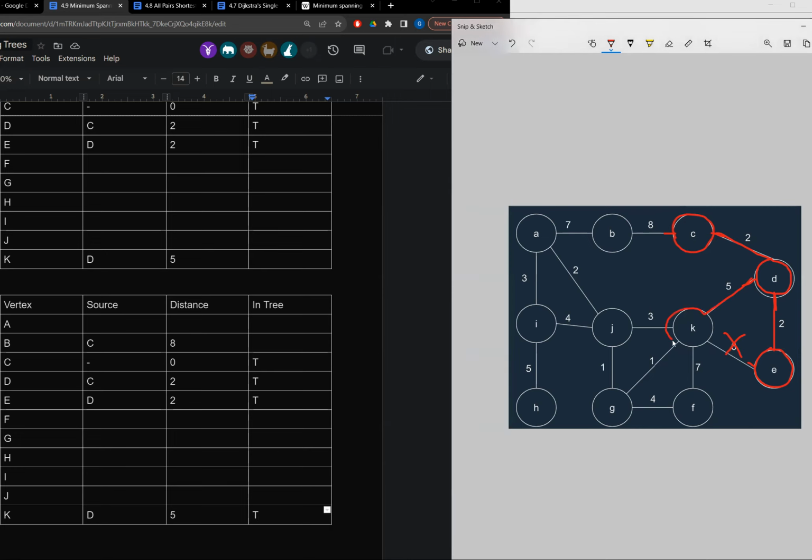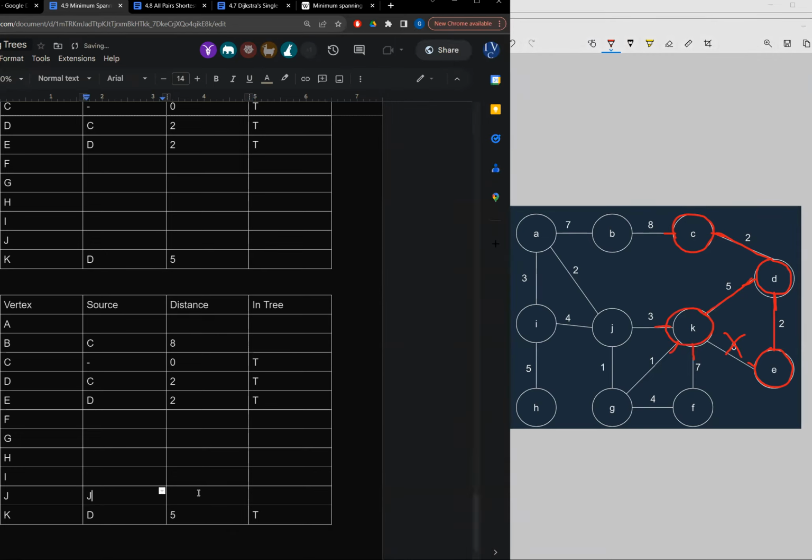All right, so K. Build to K. K is now in the tree and 3 edges of data made available. J for 3. Sorry, J from K. So K, and 3 sources.